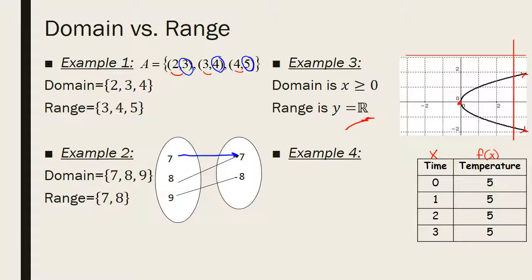In this case, we know that the time is continuous, and I'm looking at the table and I see values going from 0 to 3. So I know that my domain is going to include every single x that is greater or equal to 0, and less than or equal to 3. At the same time, I'm looking at the range and I see just one value, which is 5. So the range in this case is going to be y equals 5.